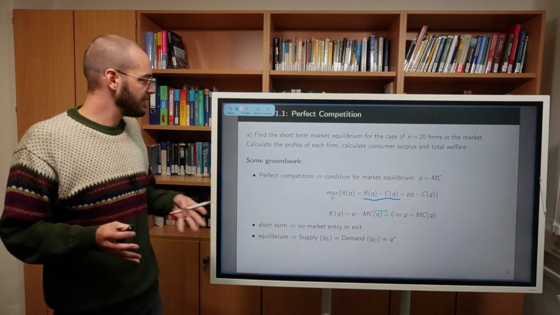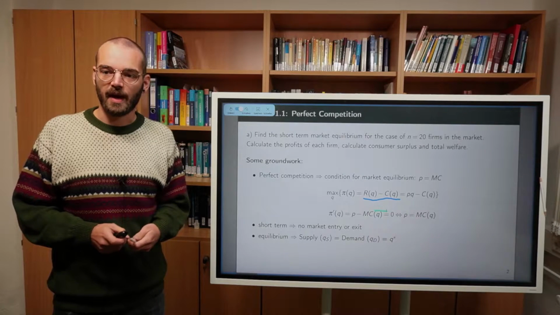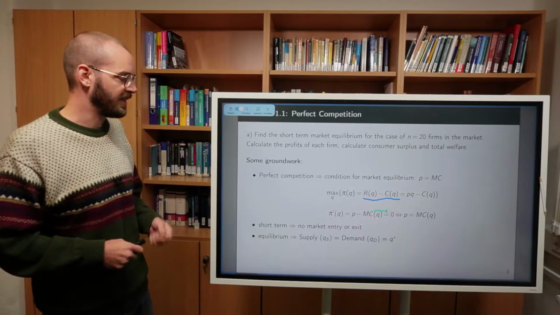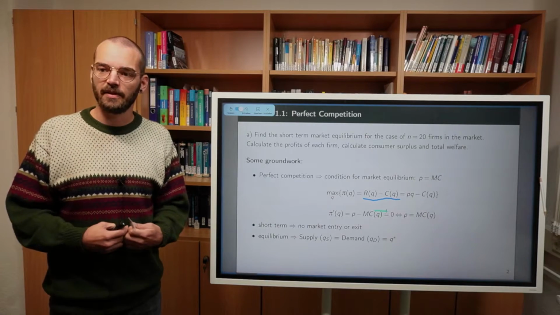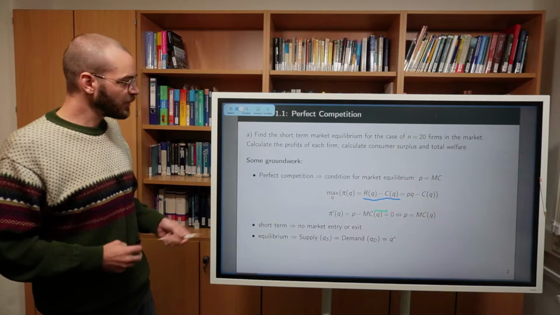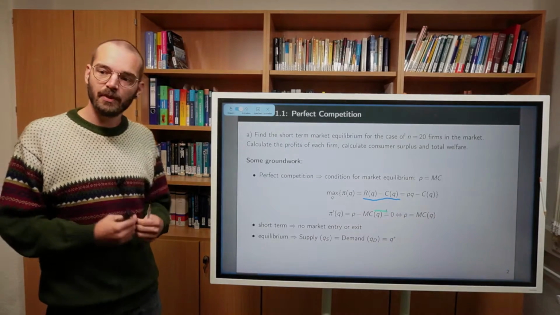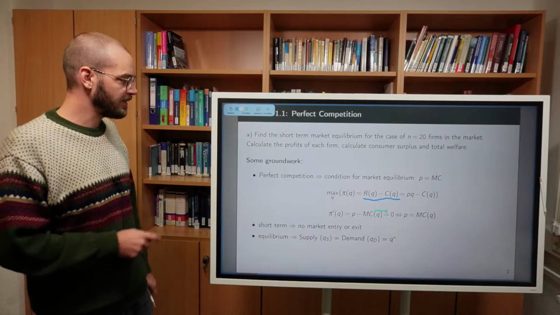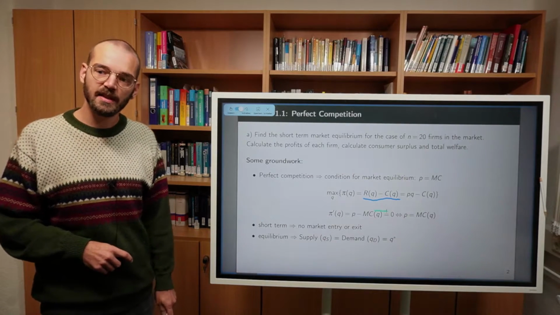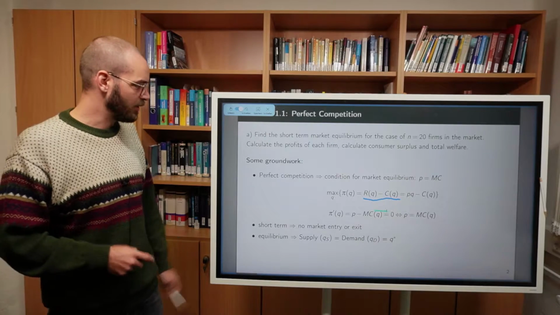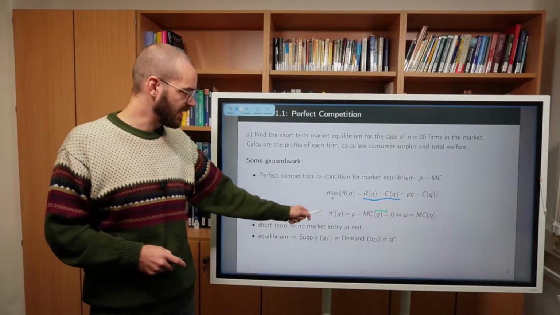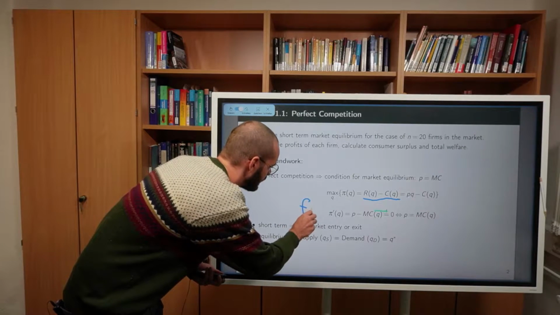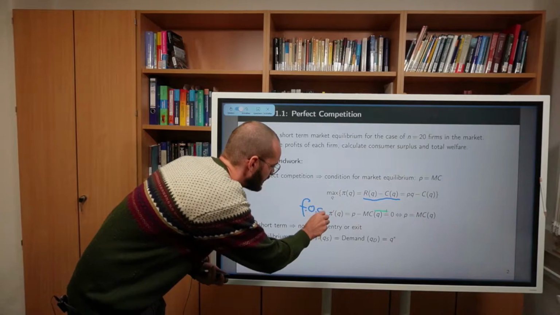But we do not even need to know how C is defined precisely in order to find out that the price in equilibrium must equal the marginal costs. Instead, we can just stick for a moment with this very general case. And in order to find the profit maximizing quantity, we will of course have to have a look at the first order condition of said maximum. So what we should really write down here is the first order condition.